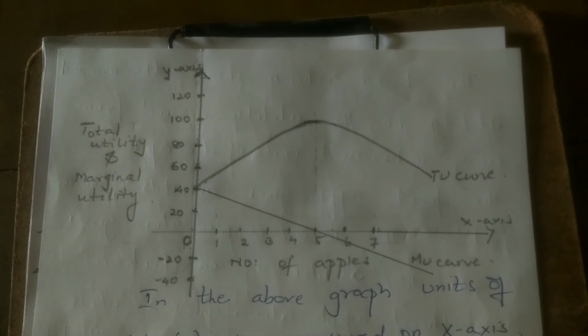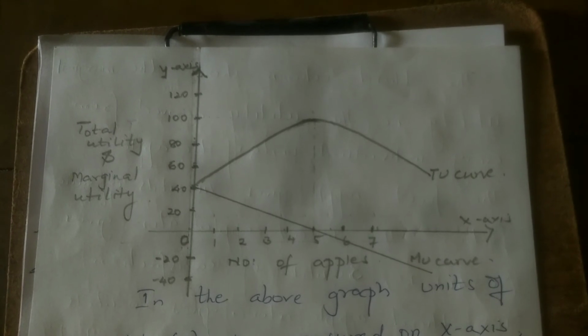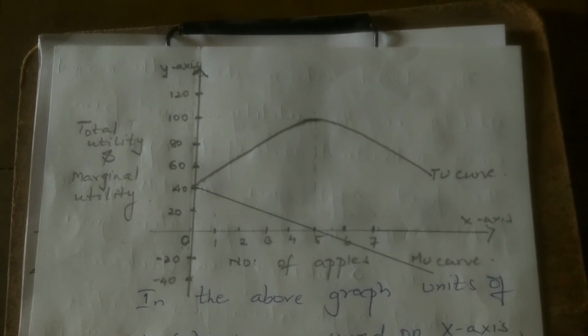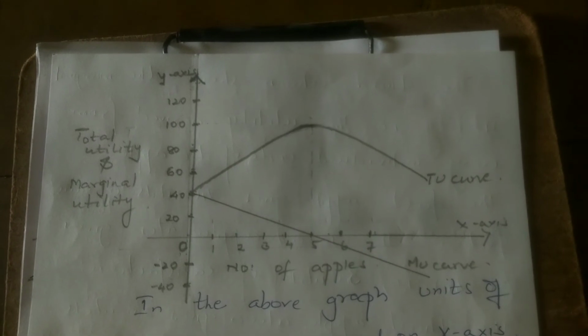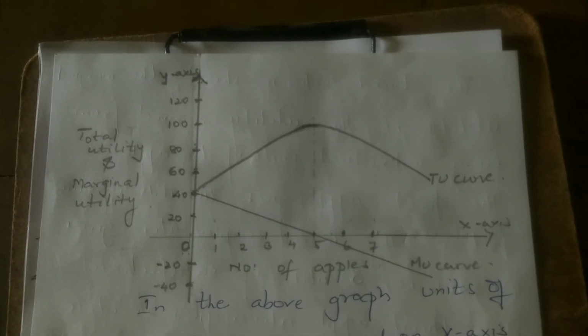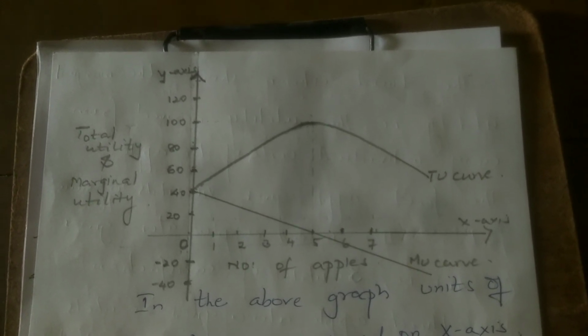Now, you have to observe that the MU curve is cutting the x-axis at the fifth unit, that is where it reaches 0 in the table. Similarly, at the same unit, TU reaches its maximum. After reaching the maximum, it is falling. So when TU is falling, MU will enter the negative quadrant.